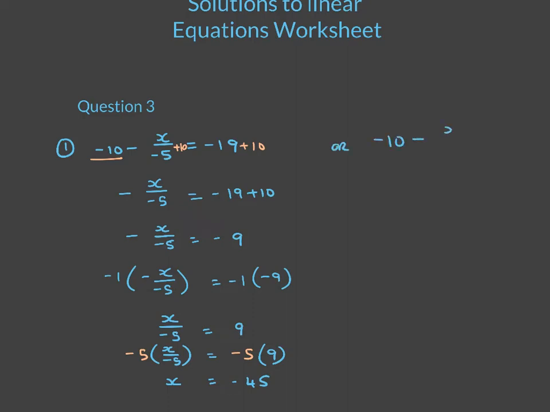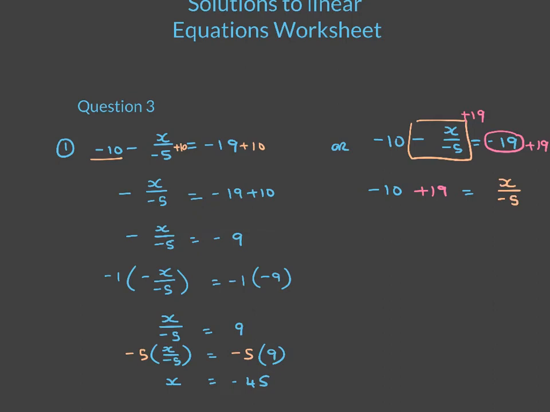We could have also added that negative term, that minus x over 5, on both sides, right? So that is a negative term. Add that on both sides. What do we get then? So if we add that on both sides and get rid of that constant on the right hand side, that minus 19, we can add 19 on both sides. So therefore we've got minus 10 plus 19, and we add that x over minus 5 on both sides, so we get x over minus 5.